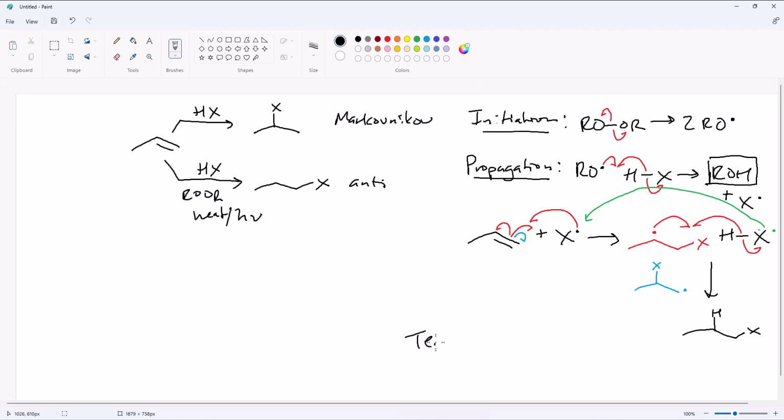Finally, in our termination stage, we will have any two radicals recombine. So you can have X and X, which would get X2. You can have RO and X, which would give you ROX, a strange species, but it can form.